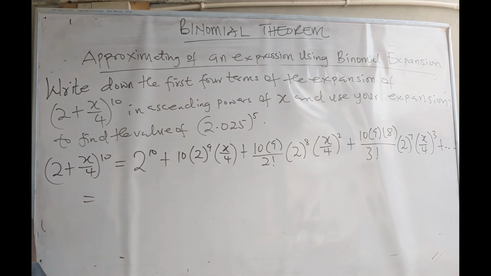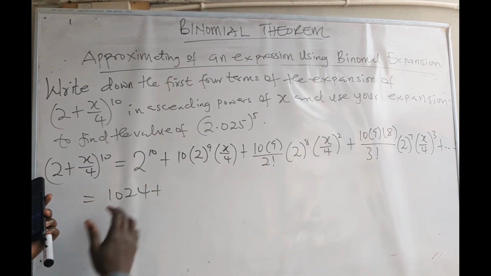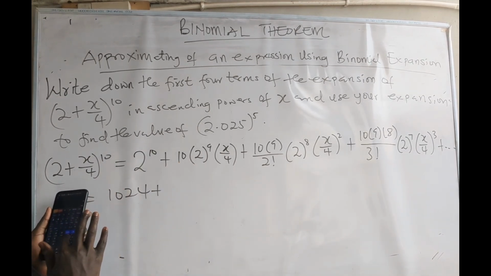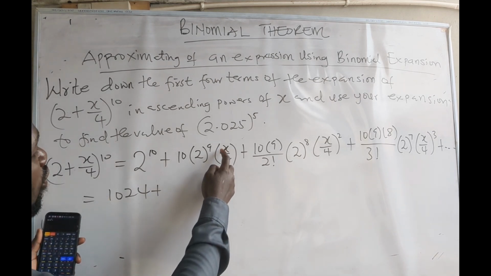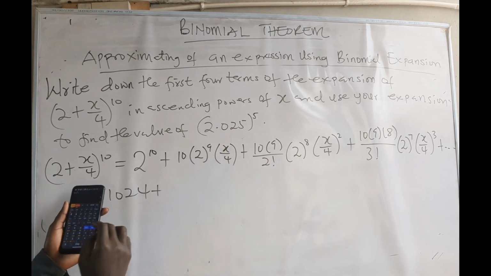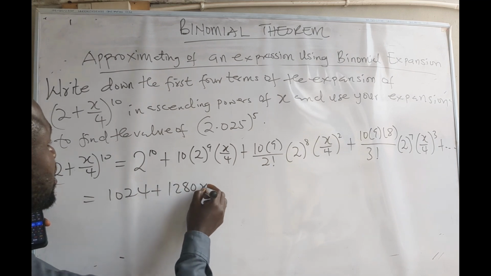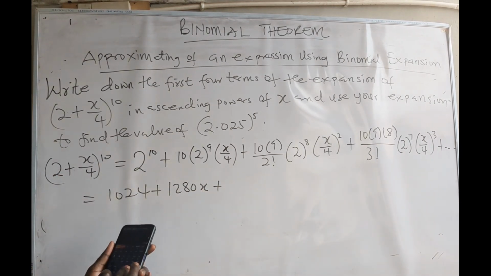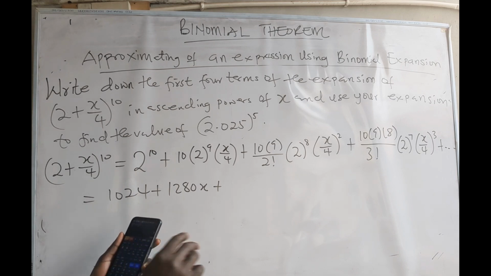So 2 exponent 10 will give us 1024, plus 10 times 2 exponent 9 times 1 over 4, because the coefficient of x is 1. That will give us 1280x, plus 10 times 9 over 2 factorial times 2 exponent 8 times 1 over 4 exponent 2.